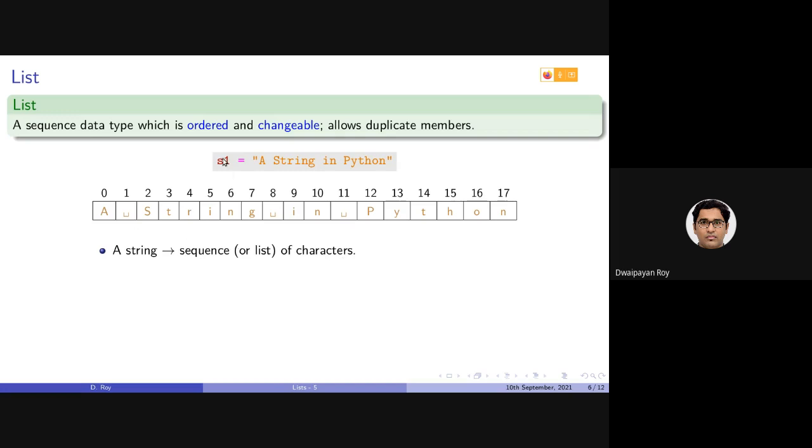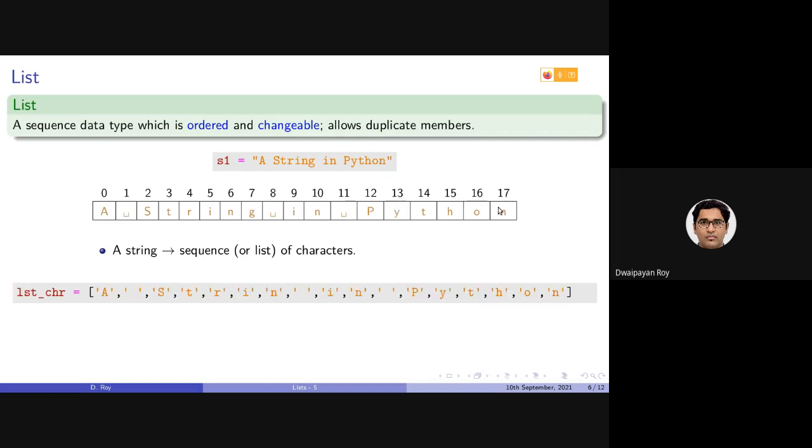As you can see, here is a string S1, which contains the text "a string in Python". Essentially, this is stored in the string, and the individual items in this case are the individual characters, which are substrings: A, space, S, T, R, I, N, G, space, I, N, and so on.